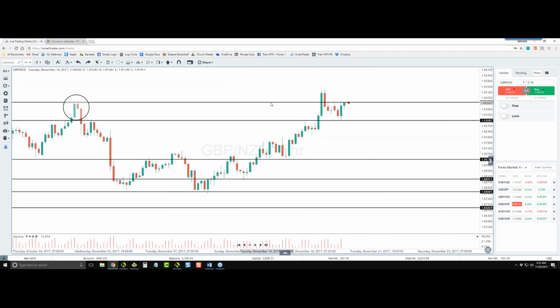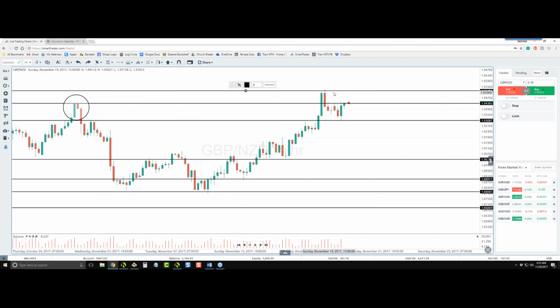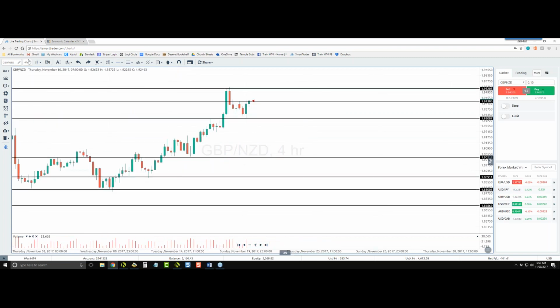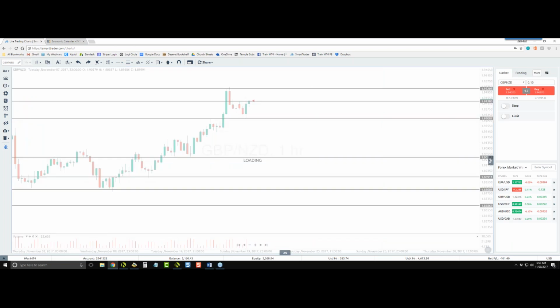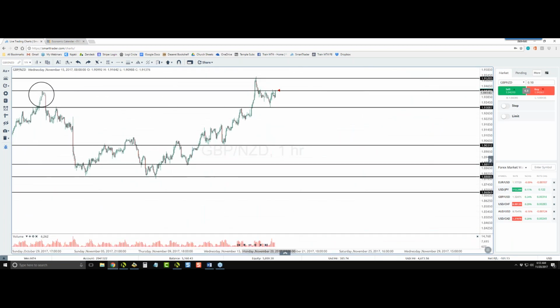Let's drag that down a little bit lower and draw another horizontal line, so that we can shrink back down to the 1-hour chart. See, we're about to break that previous resistance line again. That is pretty cool.